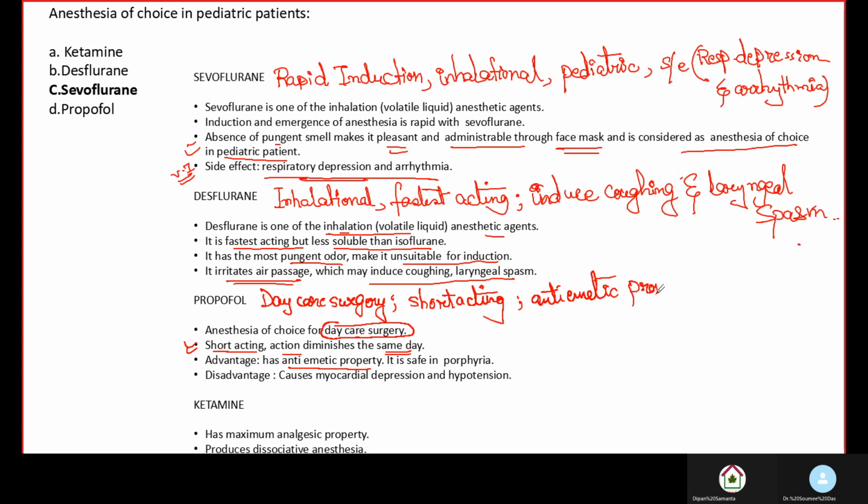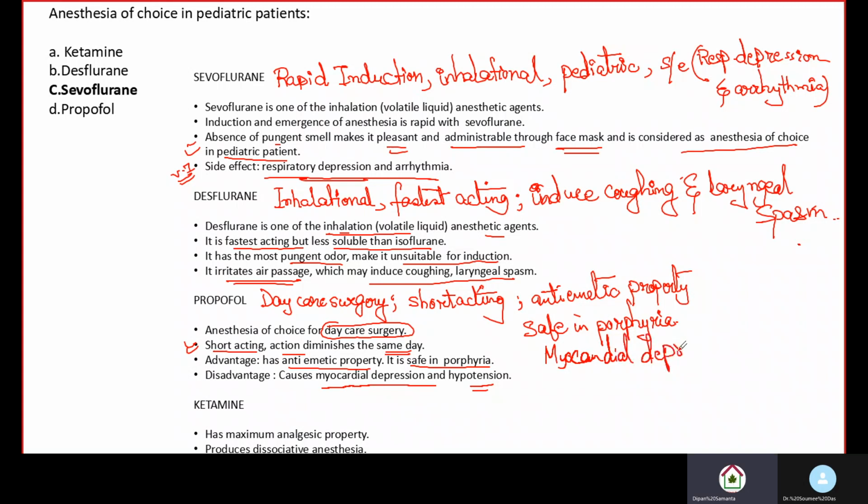Safe in porphyria. Disadvantages: causes myocardial depression and hypotension.